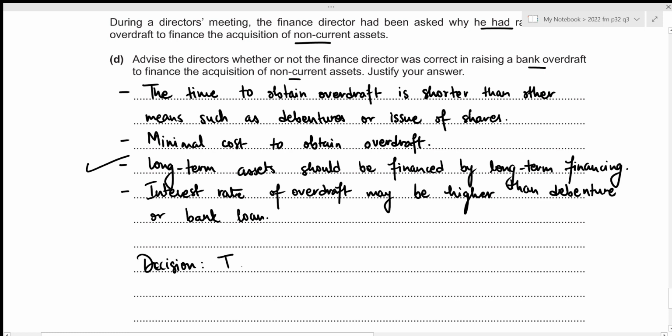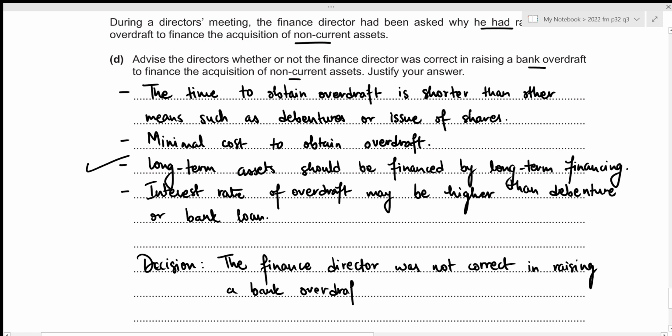The finance director was not correct in raising a bank overdraft to finance the acquisition of non-current assets.